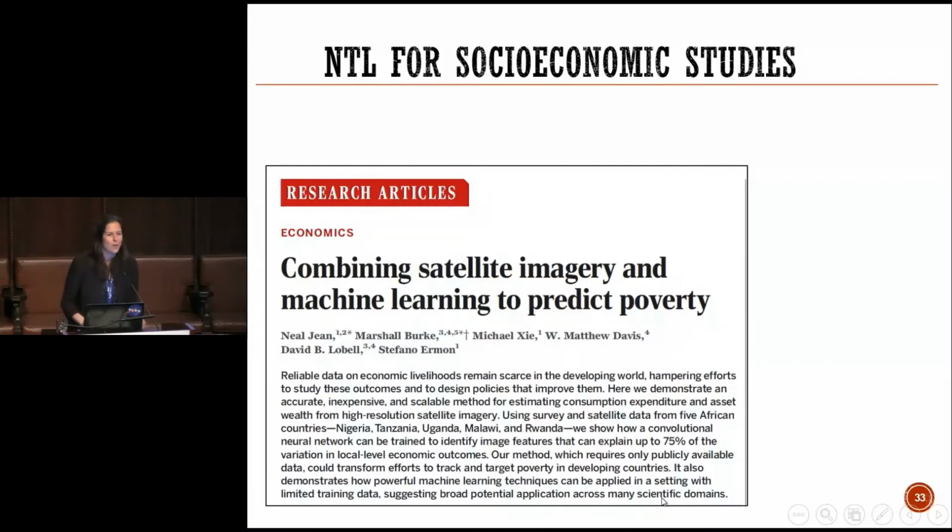Okay, it's not working. So I'll talk about two studies shortly that I found interesting. One of them came out of a group at Stanford, and they wanted to look at the spatial distribution of poverty in developing countries in Africa. There is not much data about it.